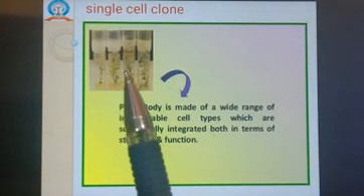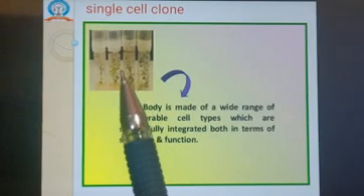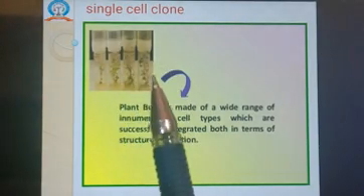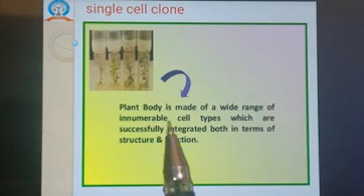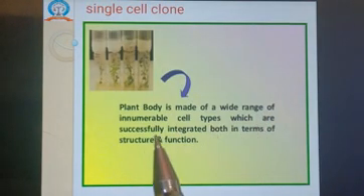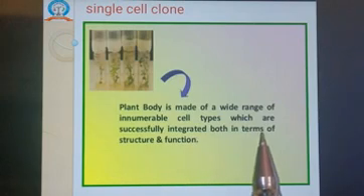You can see here in the tissue culture medium or laboratory condition, the single cell clones. The plant body is made up of a wide range of innumerable cells that are successfully integrated both in terms of structure and function.